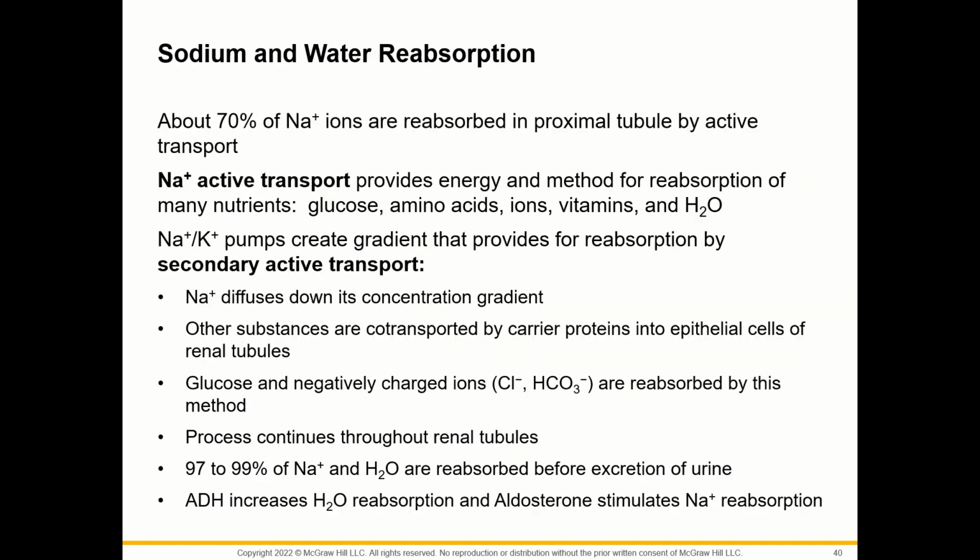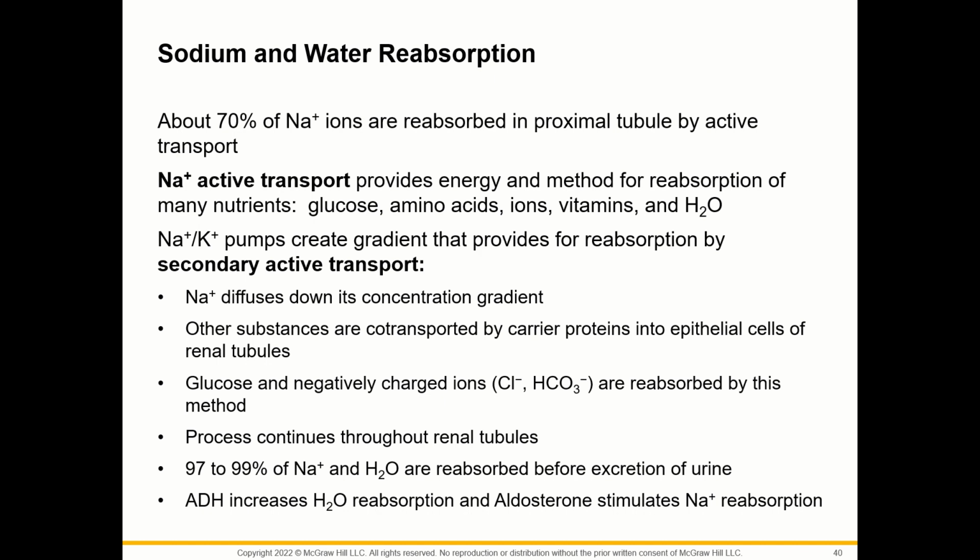So, sodium and water reabsorption. About 70% of the sodium ions are reabsorbed in the proximal tubule by active transport. Sodium active transport provides energy and the method for reabsorption of many nutrients, including glucose, amino acids, ions, vitamins, and water.